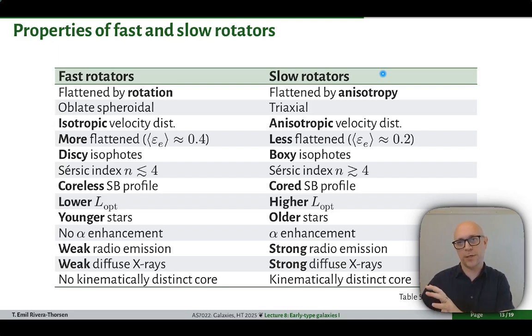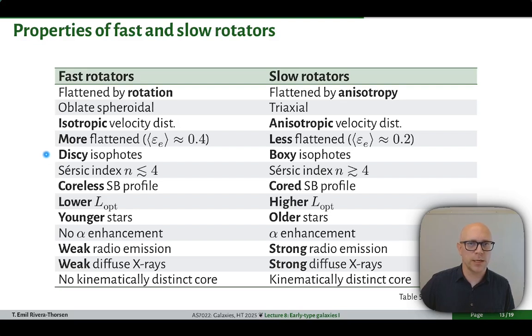They will be flattened because they are triaxial ellipticals. Fast rotators are oblate spheroidals. They are basically, again, flattened by rotation, but they also have a large component of randomly oriented stellar orbits. They have more or less isotropic velocity distributions if we account for the rotation, and they are more flattened than slow rotators are.